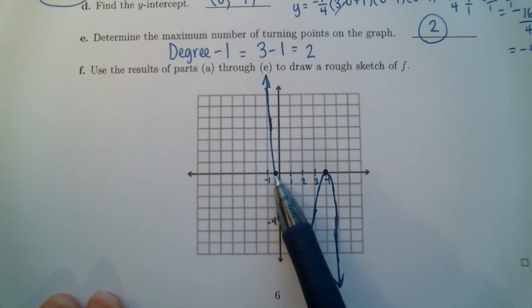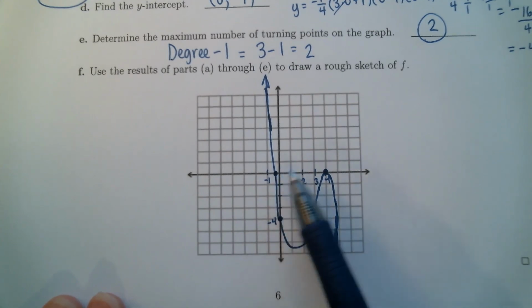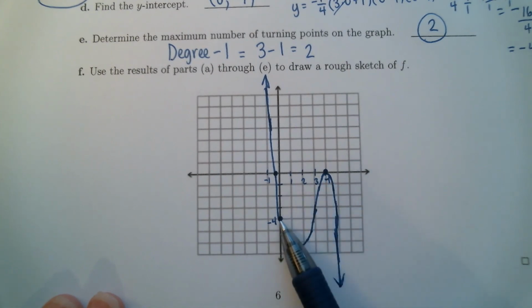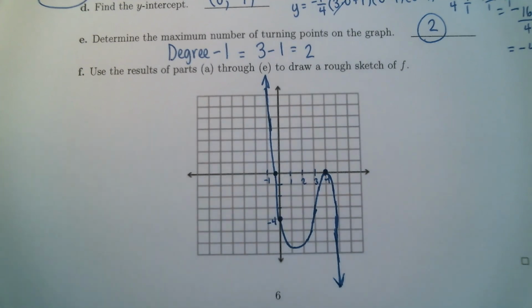I need to see the intercepts, the x-intercept right here at -1/3, it's crossing. At 4, the other x-intercept, it's bouncing. Here's the y-intercept. And the other thing I need to see is a smooth and continuous curve. I drew it and I didn't have to pick up my pencil. There's no sharp corners, there's no cusps.